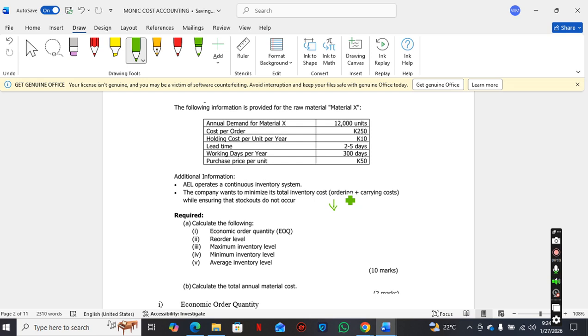So what we can remember is, colleagues, the bigger the order, the ordering costs go down. But since now you have brought in a big quantity, your holding costs will increase.